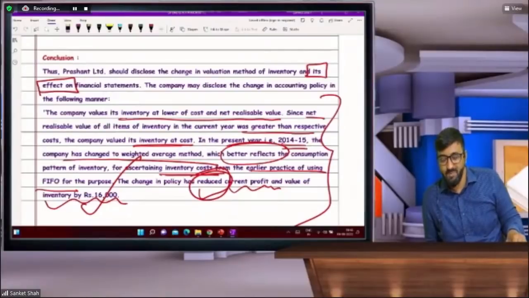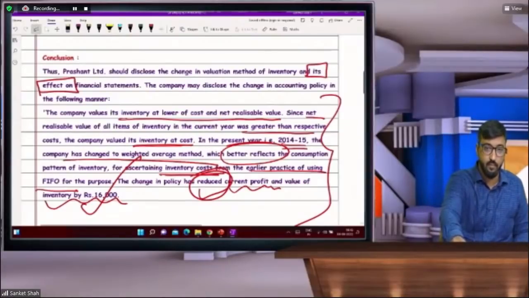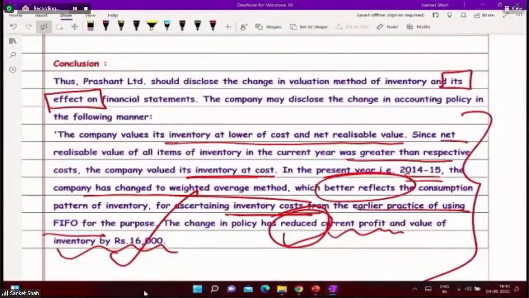Case 1, very easy. Yes, beta, this is the actual way, Ayush Agarwal ji.